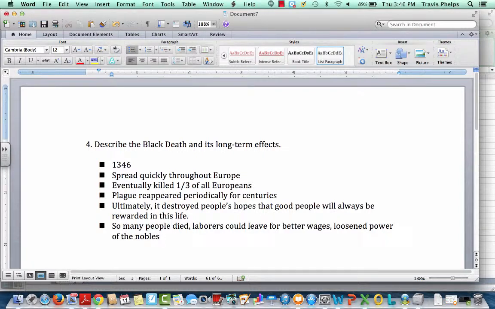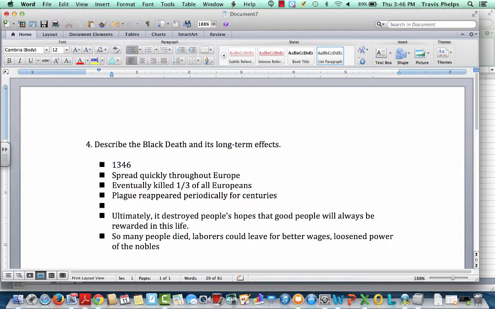Now, one thing I'm realizing up here, before I get to the long-term effects, one thing I am going to put in here just as a tidbit about it, of course, was that it did lead to a long fascination with death that we can see in the artwork. And also it led to extreme religious practices.